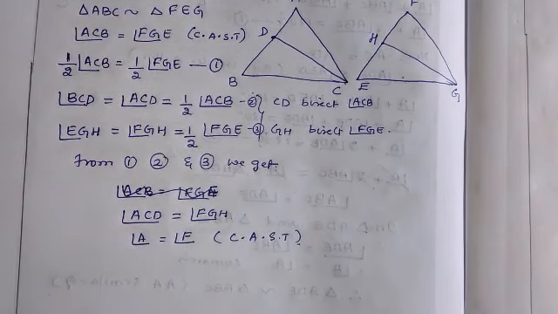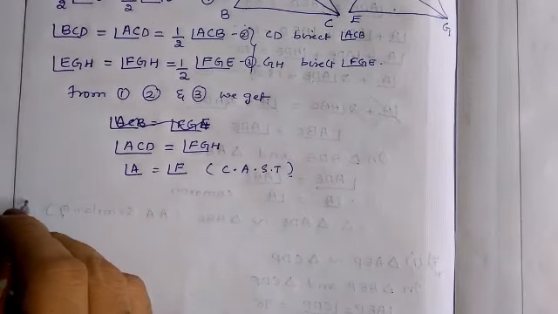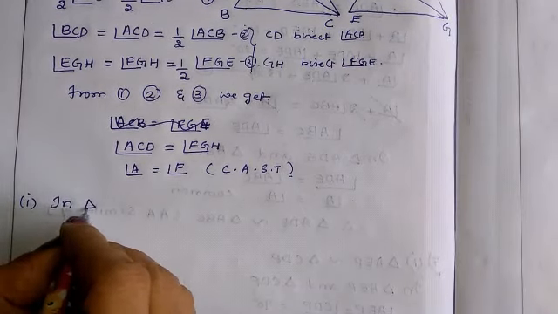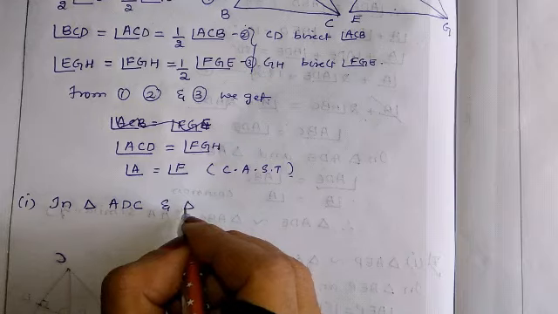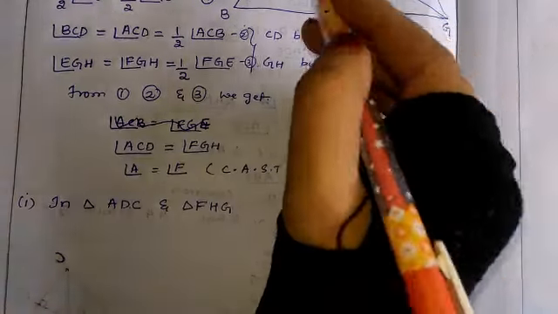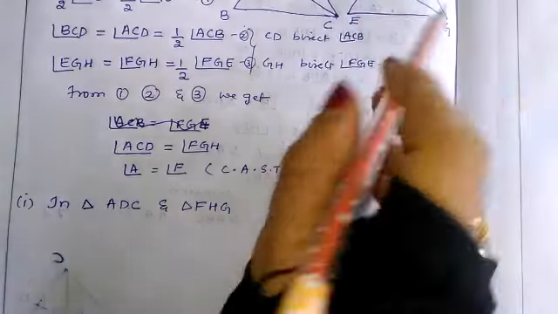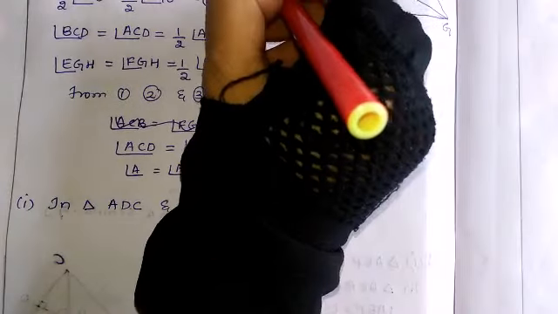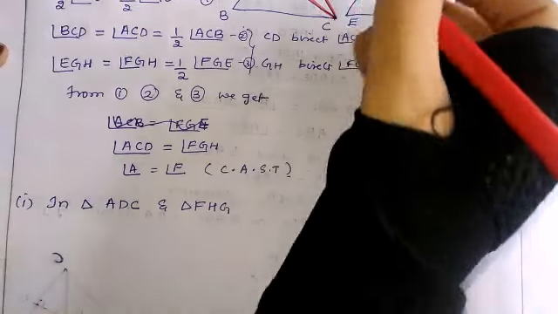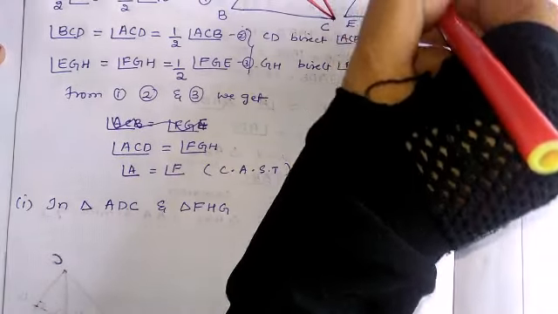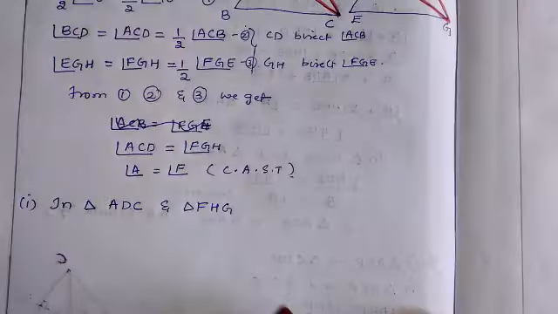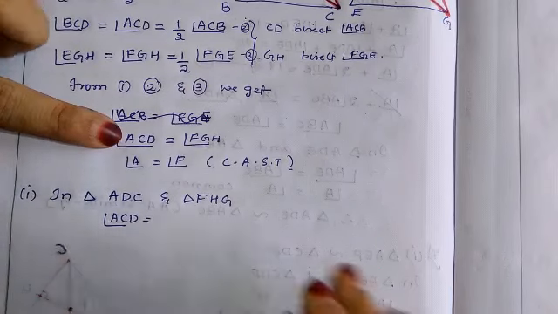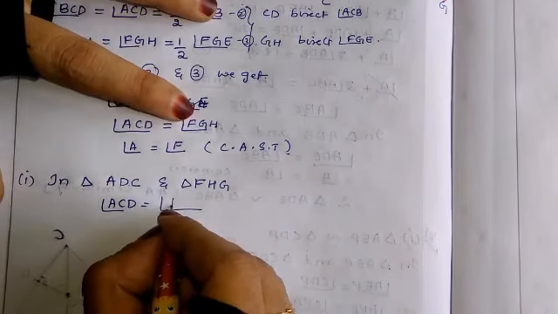Now let us start solving what they have told to prove. First one: in triangle ADC and triangle FHG, properly we will see. In triangle ADC and FHG, we have proved angle ACD is equal to angle FGH, just now we proved.